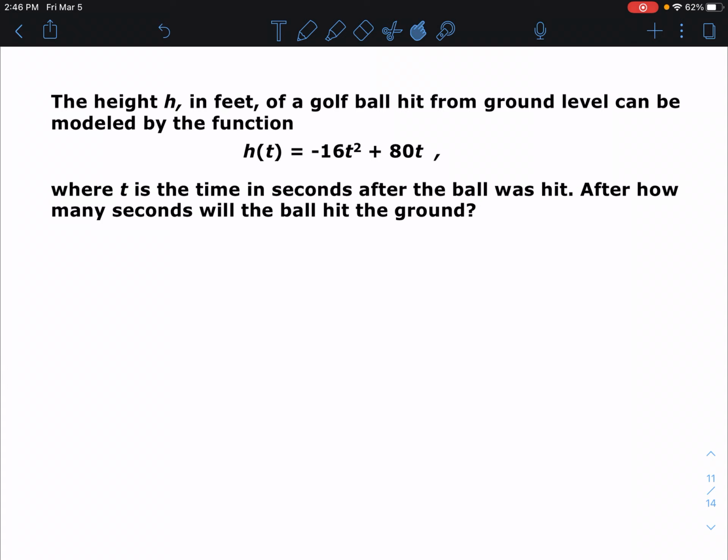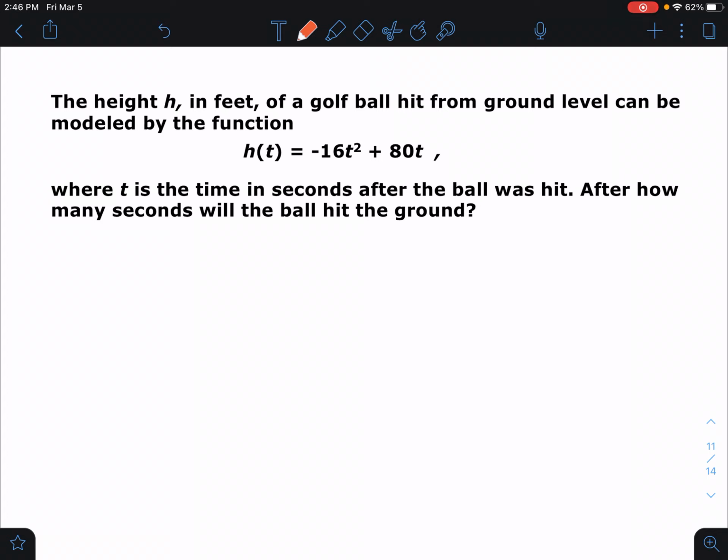After how many seconds will the ball hit the ground? Okay, so sometimes you're going to see it in function notation, and you won't see y and x. This is often a physics thing. It's the height as a function of time. So that's all that means. Again, x and y, same thing. In this case, x is t and y is the height, h.